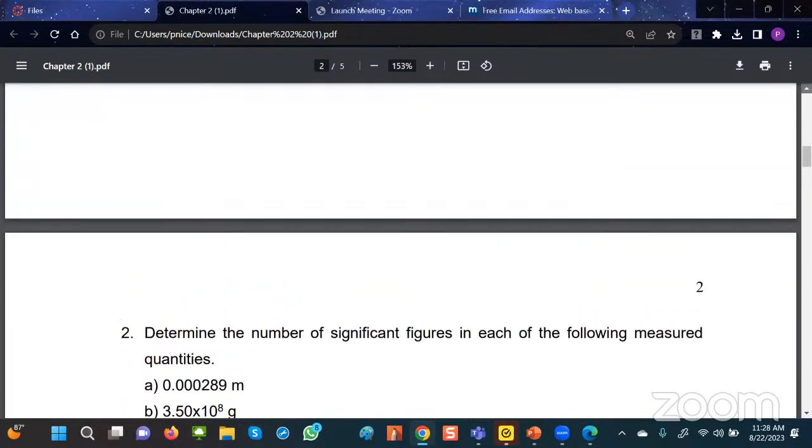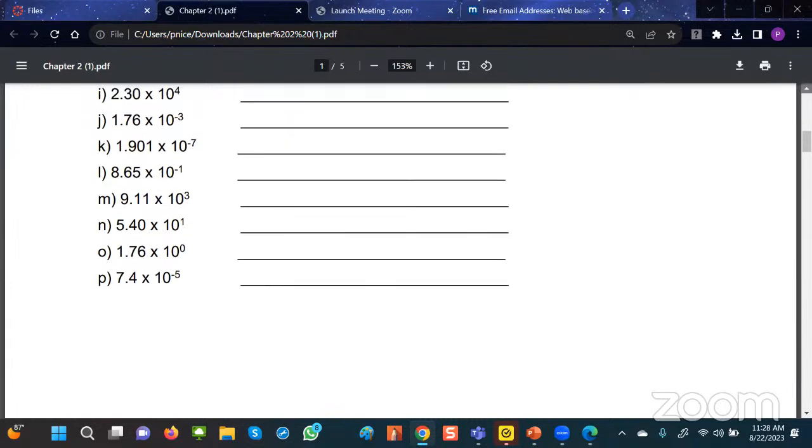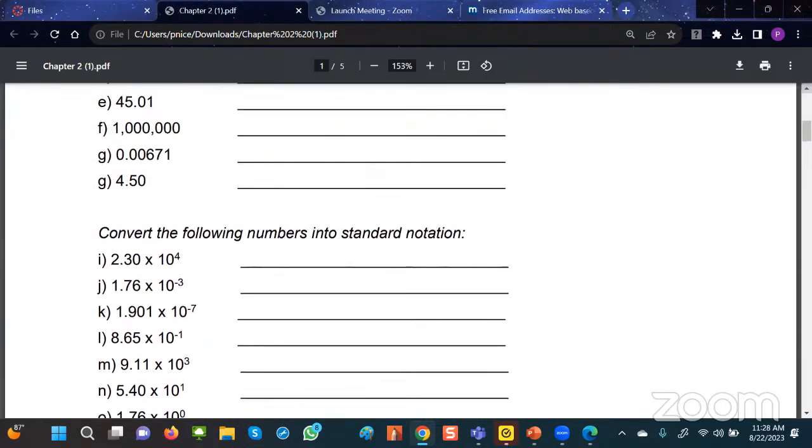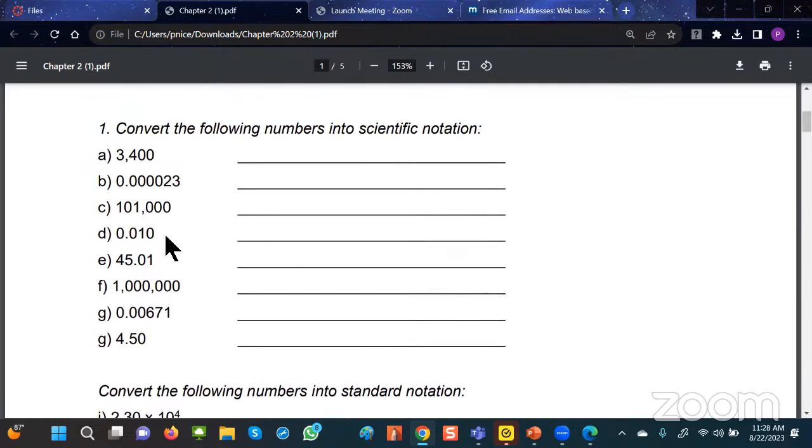Now, if you remember, for this one here, I said that the answer was 1.0 times 10 to the minus 2, right? The reason why the 0 here is important is because based on the rules that we just covered, the number of sig figs here would be 2, right? Because we have a 0 here at the end and we have a decimal point, right? So that is 2 sig figs.